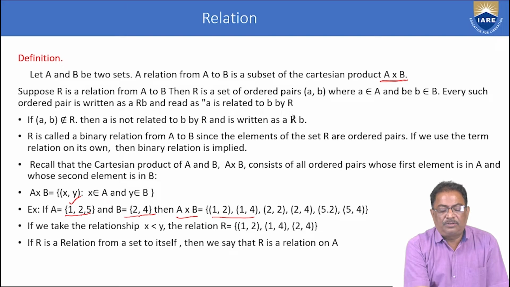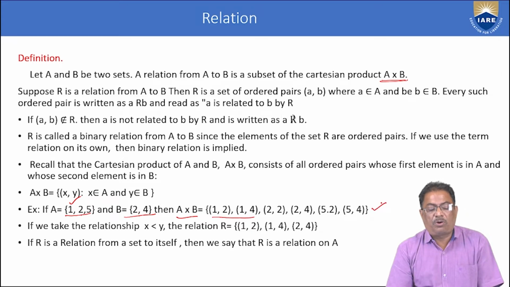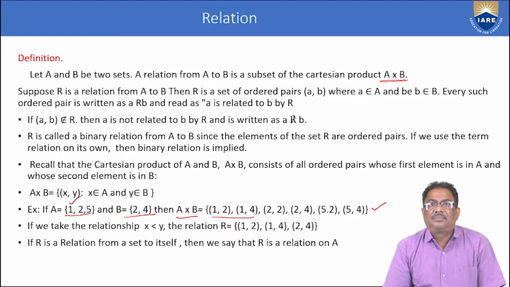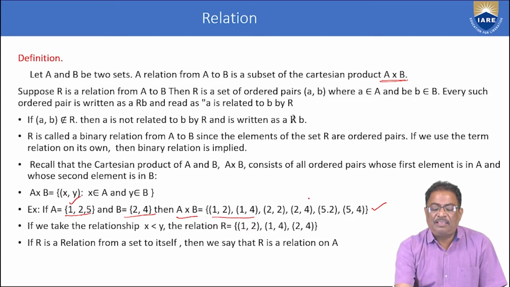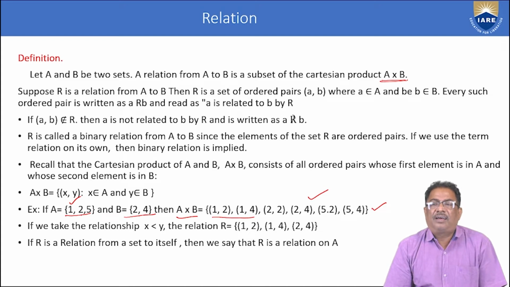Next, (2, 2), (2, 4). Next, (5, 2), (5, 4), like this. So this is the Cartesian product of two sets. In that, we are going to consider a relation. A relation is nothing but any subset of this, or the entire set is itself a subset.